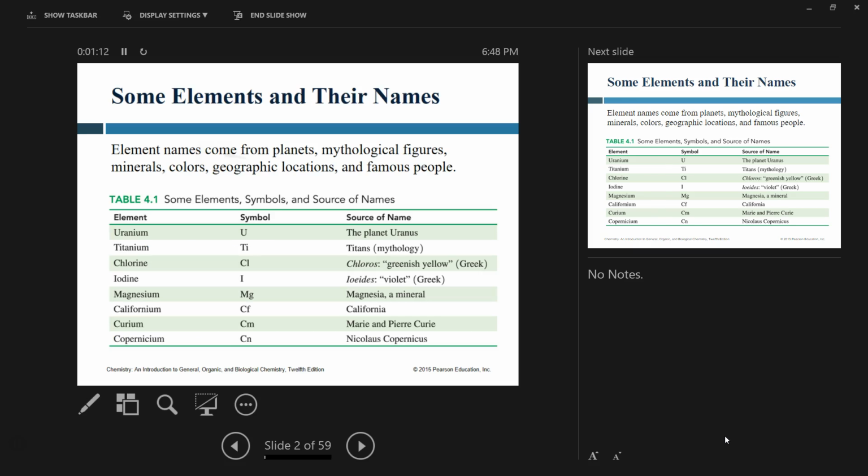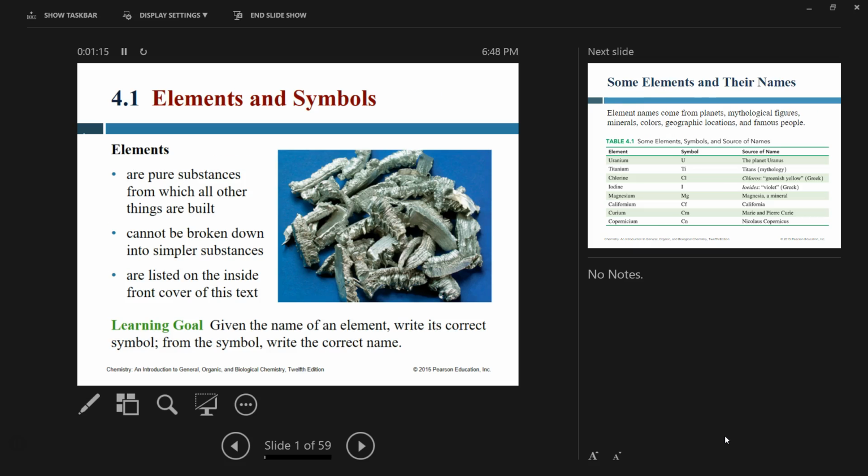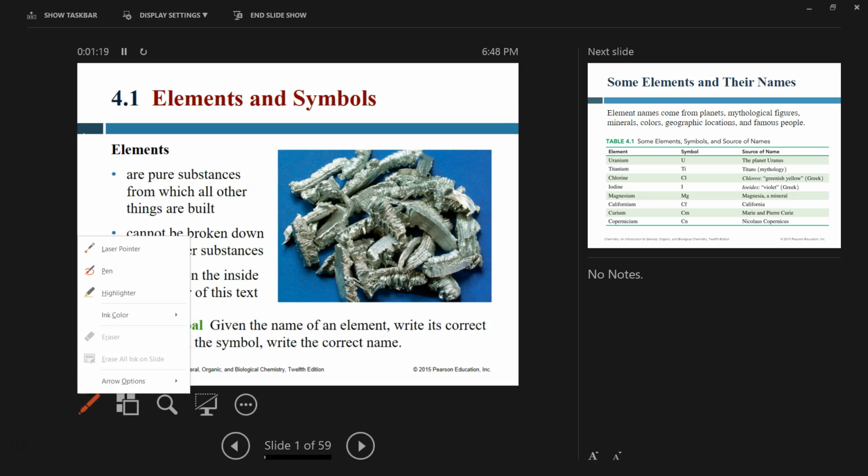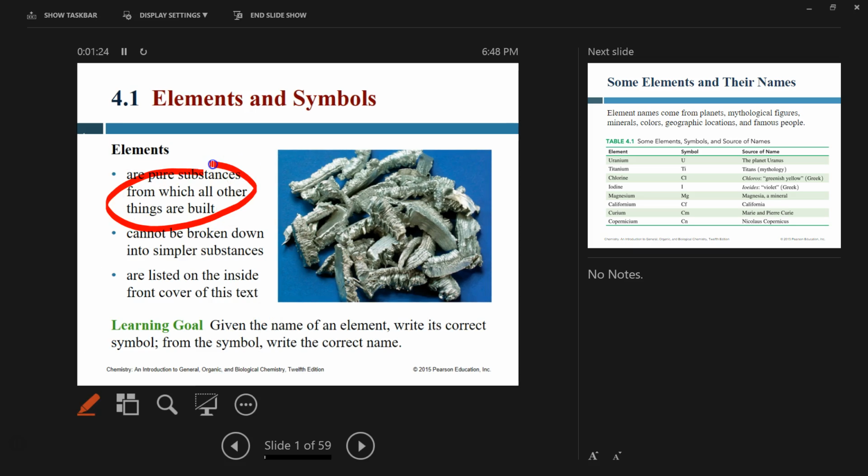So, elements are pure substances. Okay? Examples would be hydrogen, oxygen, carbon, iron, aluminum. All are pure substances. Very rarely we meet elements in our life. Okay? Usually we either work with compounds or we work with mixtures. Are we clear?